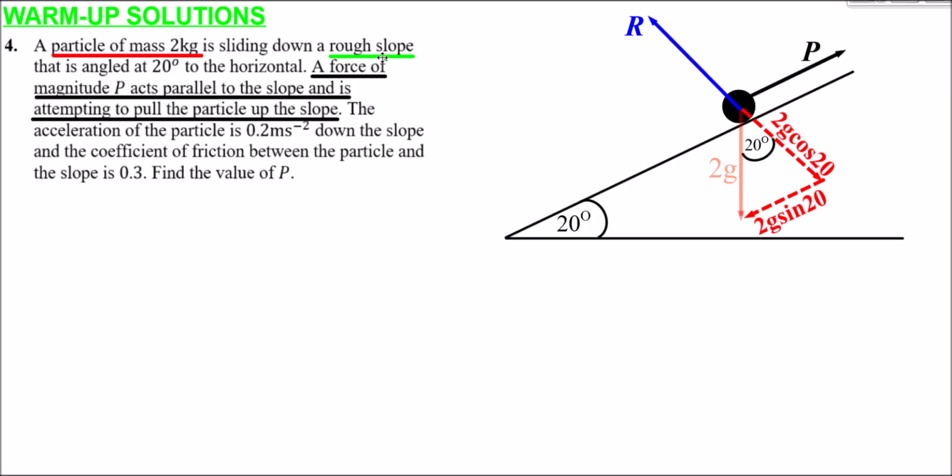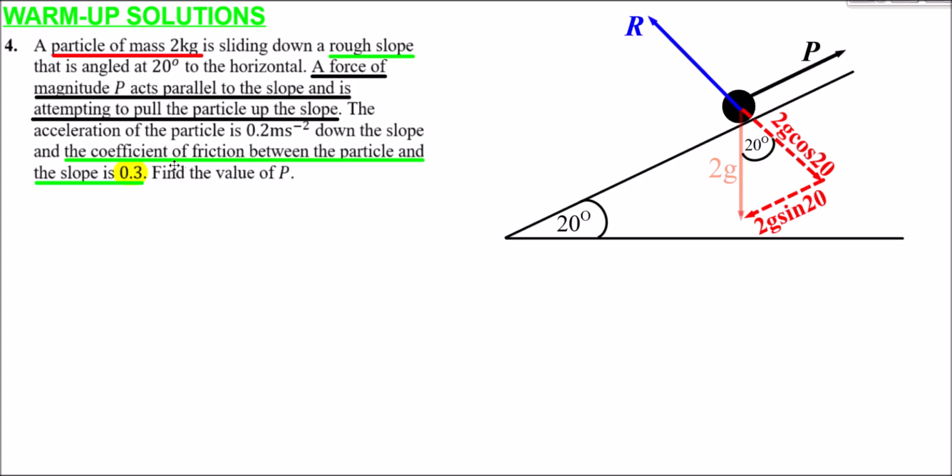We're told it's a rough slope, and also about it being rough, we're also told that the coefficient of friction on this slope and between the particle is 0.3. So what we can say here is, because again the particle's sliding down, the friction is going to be at a maximum, and friction always acts to oppose motion. So the friction will be acting up the slope and will be at its maximum. Maximum friction is mu multiplied by the reaction force.